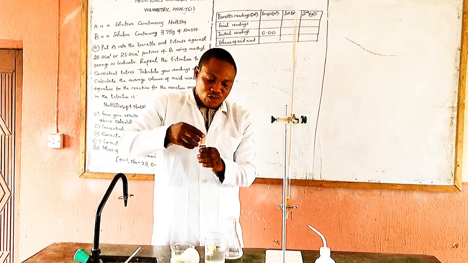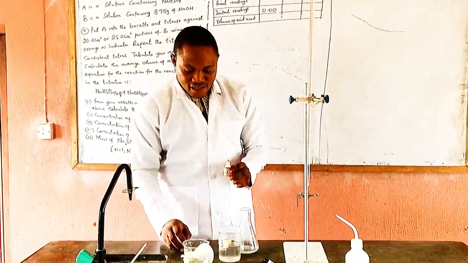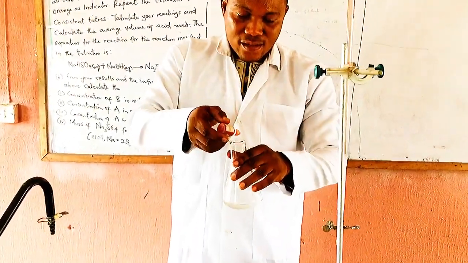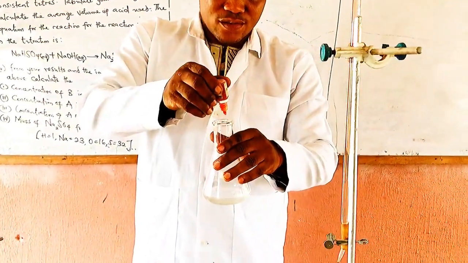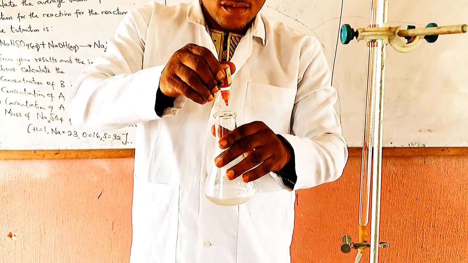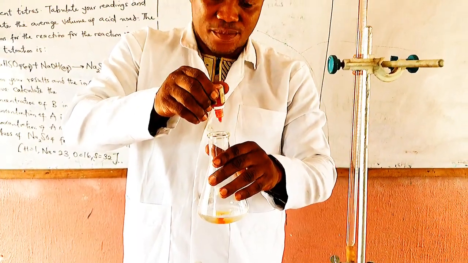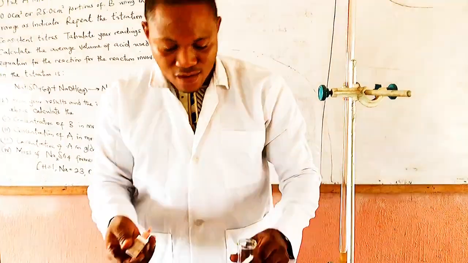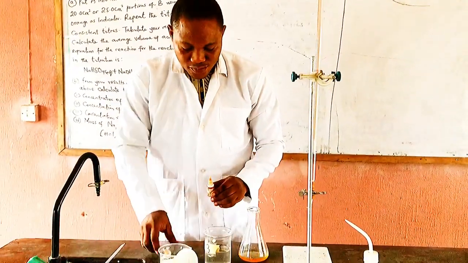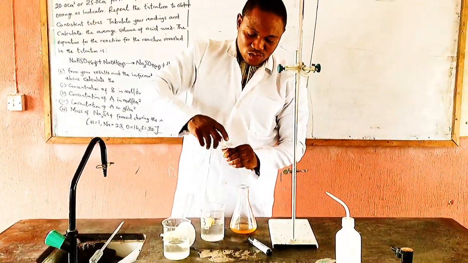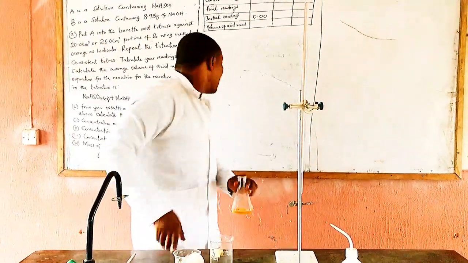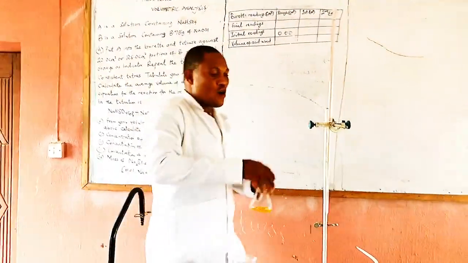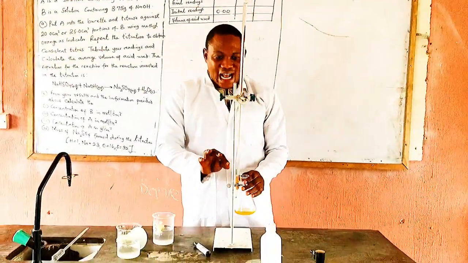So I'm just using 2 drops of my methyl orange in my conical flask. First drop, then I have the second drop. So these 2 drops of methyl orange, just 2 drops. Then I said I'll be using methyl orange as an indicator. So I begin to open my clip gently.